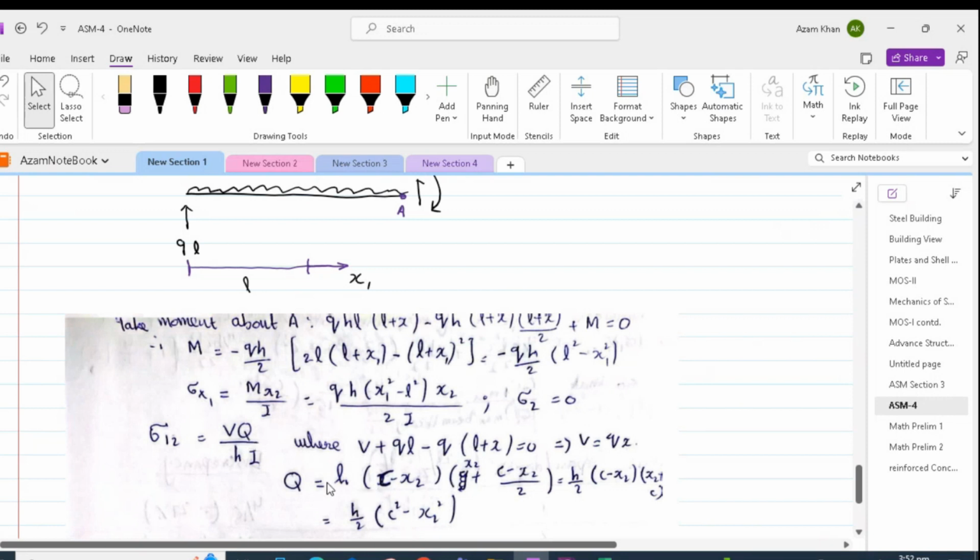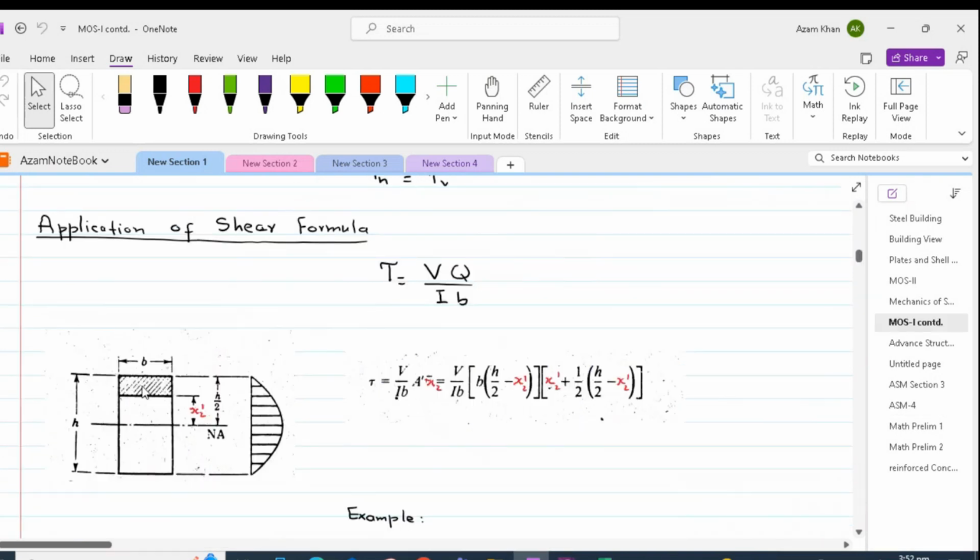Now, Q is the first moment of area. So for a beam of width b and height h, our Q would be area times x bar, where x bar is the distance of the reference area, which is shown hatched, from the neutral axis.